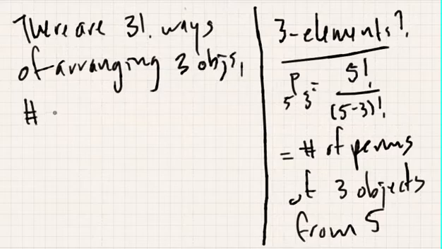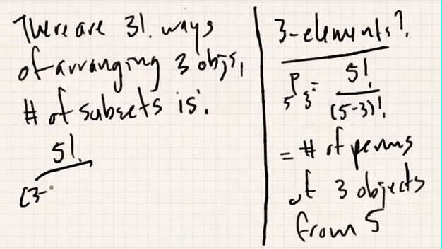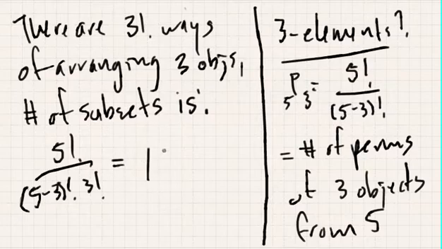So the number of subsets, accounting for the fact that any of these 6 permutations of 3 objects gives me the same set, is going to be 5 factorial divided by 5 minus 3 factorial, divided by the 3 factorial ways that I can arrange those 3 objects. And this works out also to 10. I'll let you do that on your own.